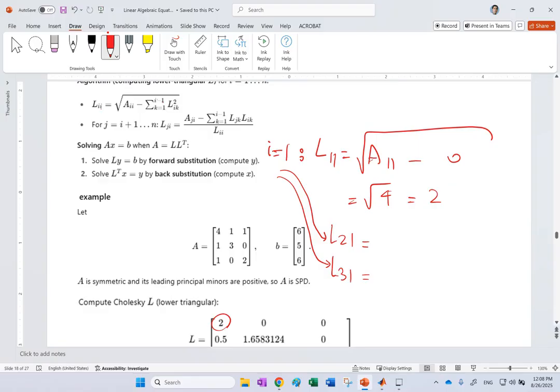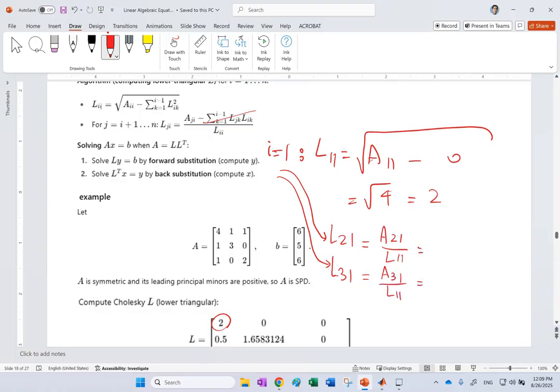And if I do that, clearly, you see that, for instance, for 2,1, this is going to be A21. And then this summation goes from K of 1 to I minus 1, which is 0, so that summation does not exist in this case. So this is going to be divided by L11. And then the next one is going to be A31 divided by L11.